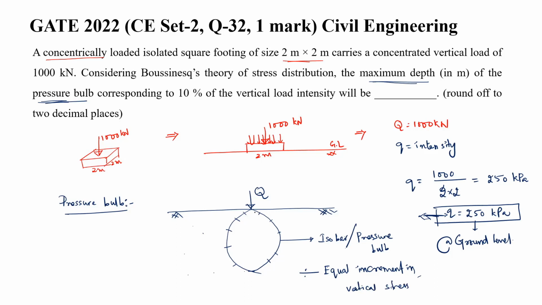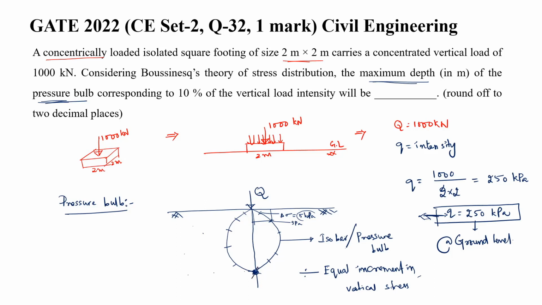See here, suppose due to this Q there is some increment in vertical stress. Let us say this is 5 kPa. At this point also, at this depth, at this distance, it is again 5 kPa, like that. The maximum depth for this increment is exactly under the application of the load, on the line of action of load.